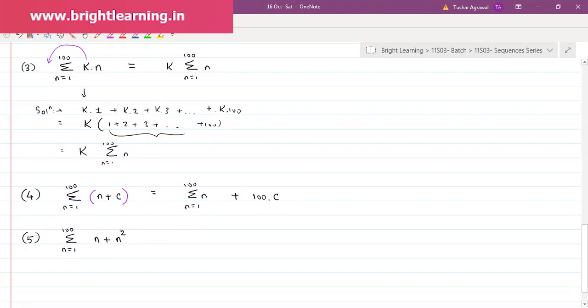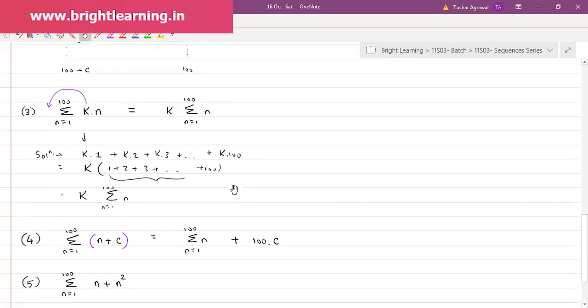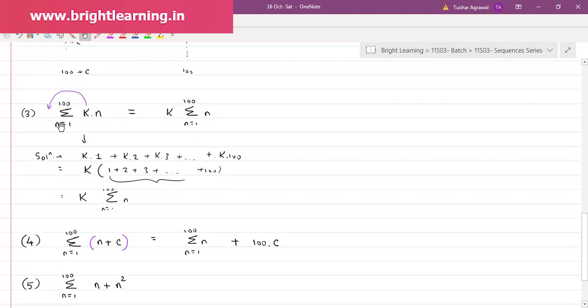Sir, when we take k1 plus k2 plus k3, will it go only till k100, or can it go beyond k100 also? Here the series stops at k multiplied by 100, because this is the limit where n is varying, n equal to 1 to 100.